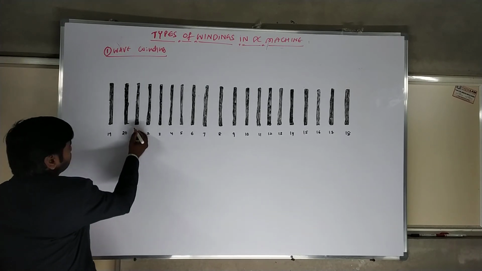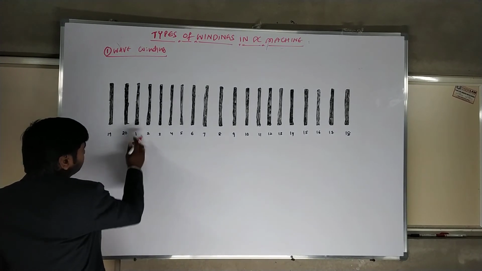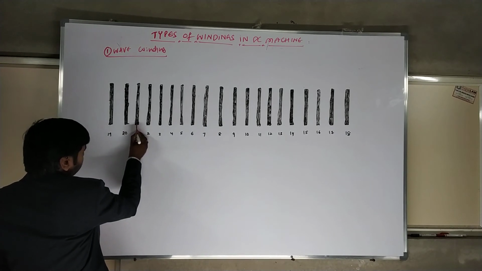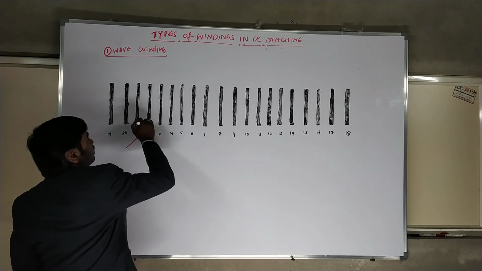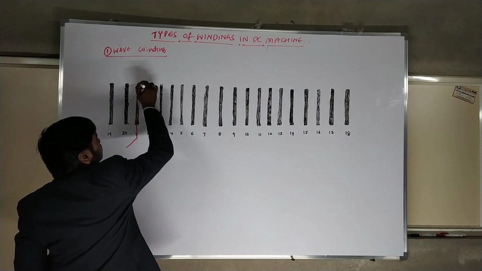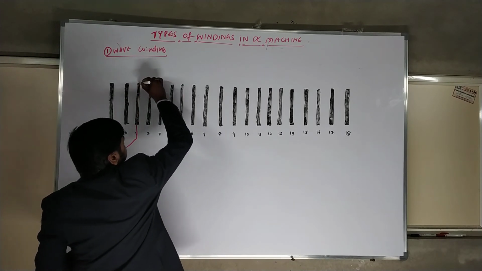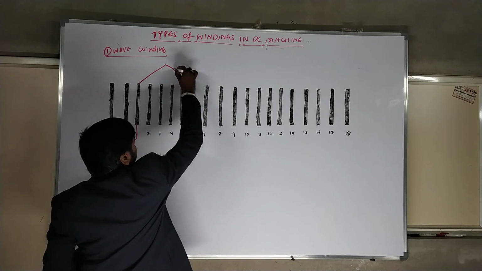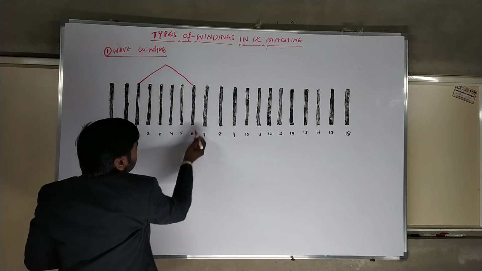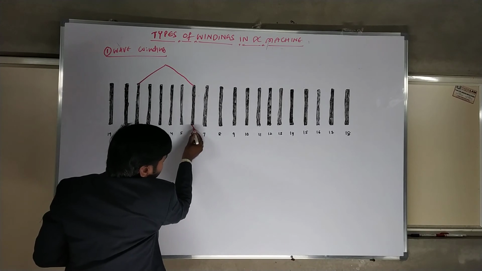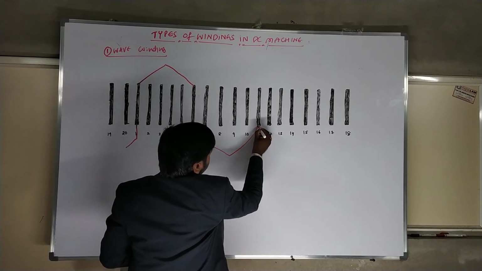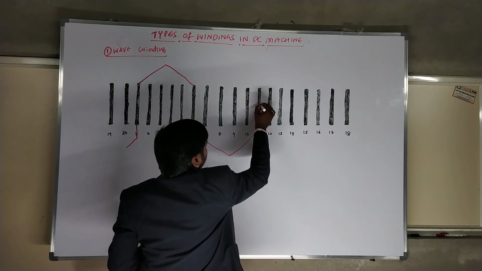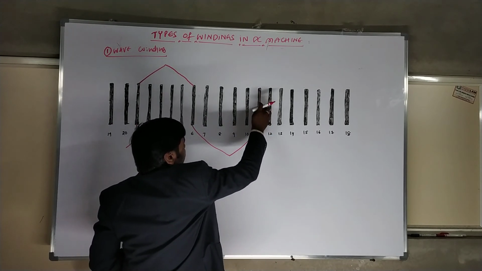Example, let me take a winding for this. It will come like this. The conductor winding should go inside this one, then I'll go to this. Coming over here, I should connect over here. This should come down, then I'll go like this. I am drawing so that I do not disturb this.